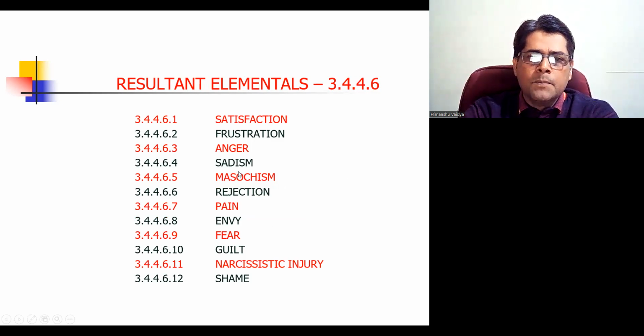In the list that we are seeing, we'll also see in paraphilic, sadistic sexual disorder, masochistic sexual disorder, and of course, anger, satisfaction, frustration will always play a role. Rejection also will play a role. Pain, of course, plays a role. Envy in certain cognitive thought disorders and in certain forms of attacks on linking plays a very important role.